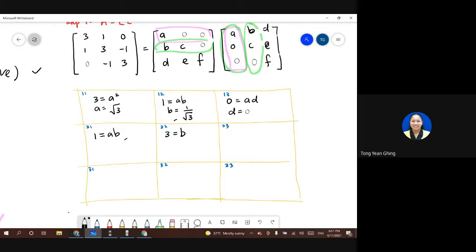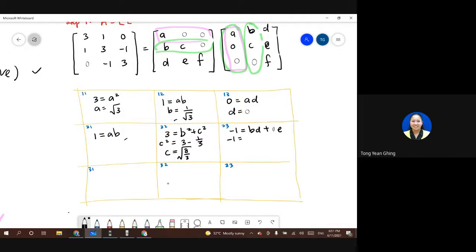Okay. So B square plus C square. B we already know, so we solve for C square. C square is 3 minus 1 over 3, so 3 times 3, 9, 9 minus 1, 8. Okay, so C is square root of 8 over 3. And then this one, the second row with the third column, negative 1 equals BD plus CE.